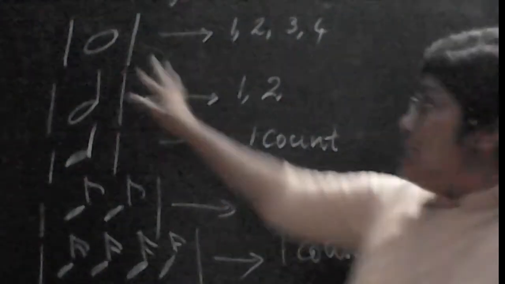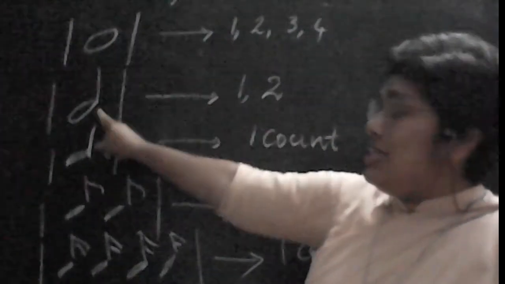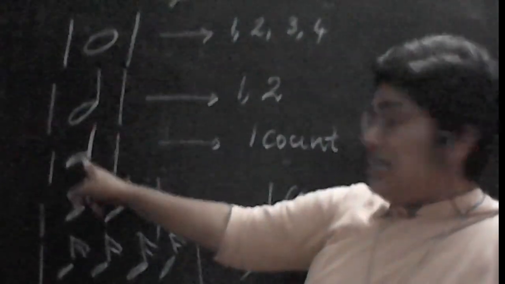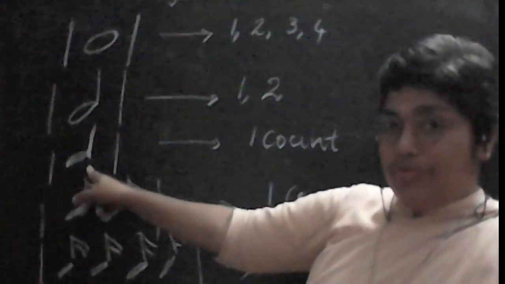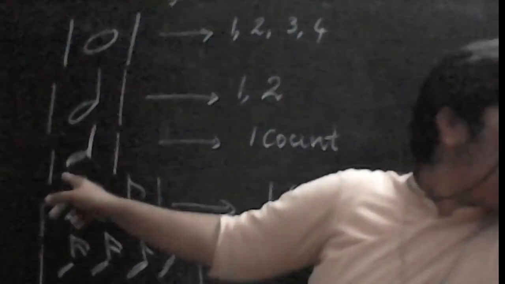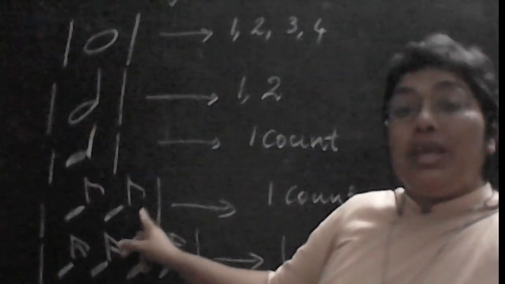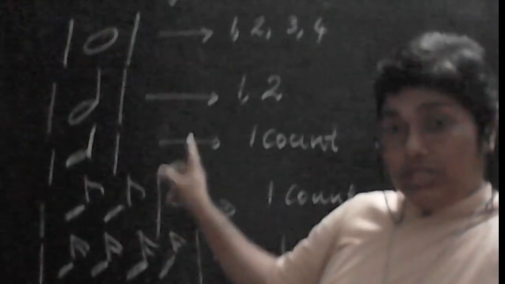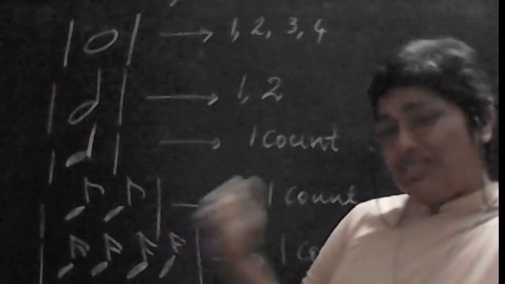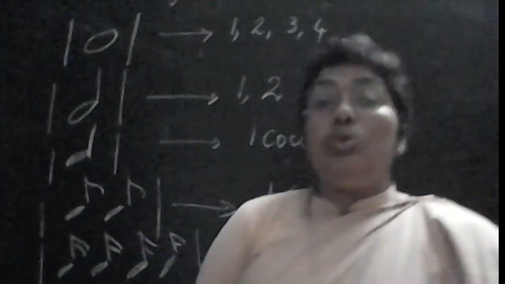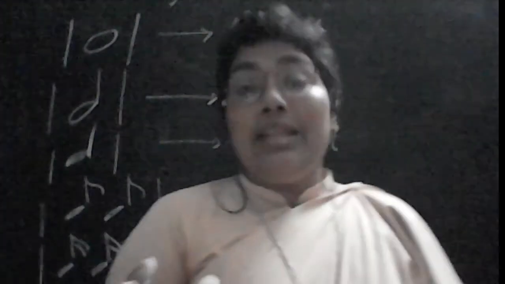Okay, so this is 4 counts, then this is half note, 2 by 4, right? And this is 1 by 4, a quarter note. And then this is 1 by 8th note. This is 1 by 16 note. A little bit of mathematics is also there. So this is how you understand the timings.